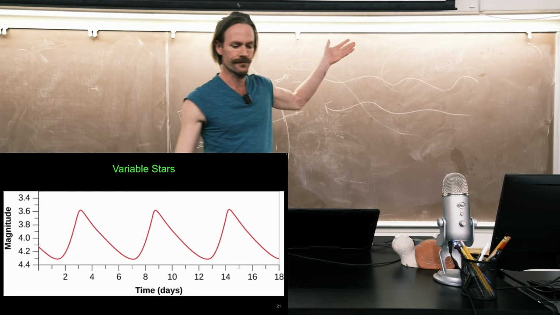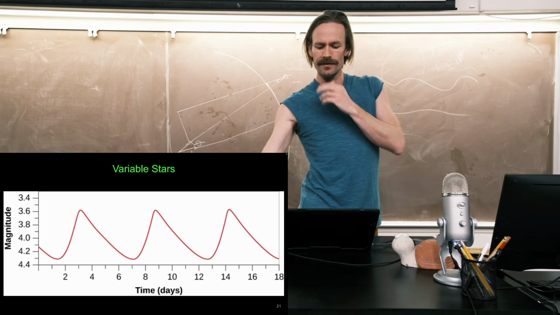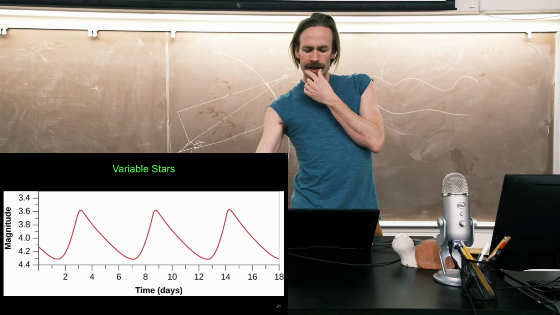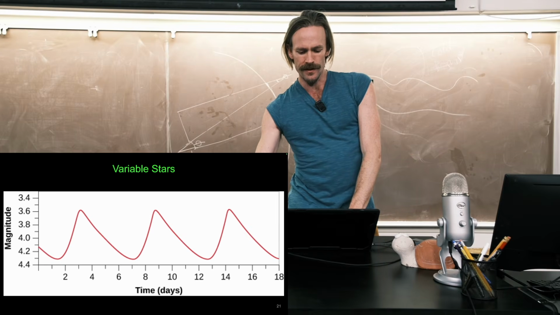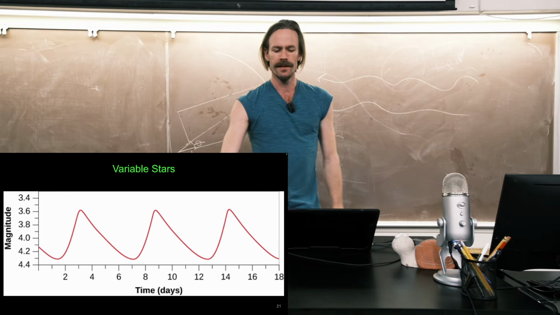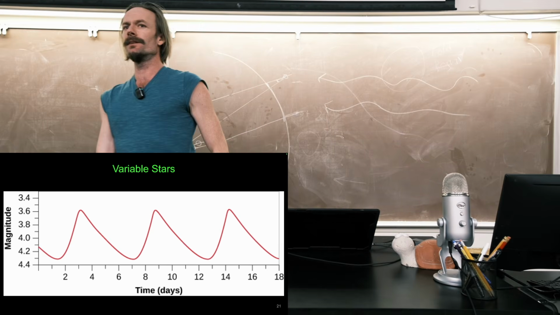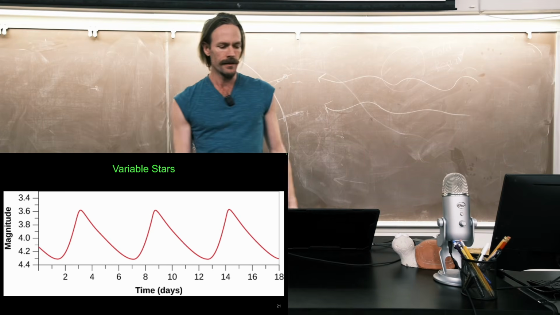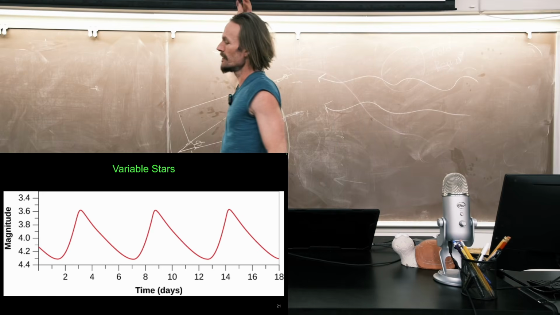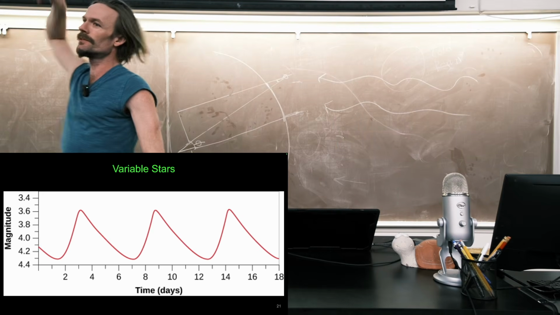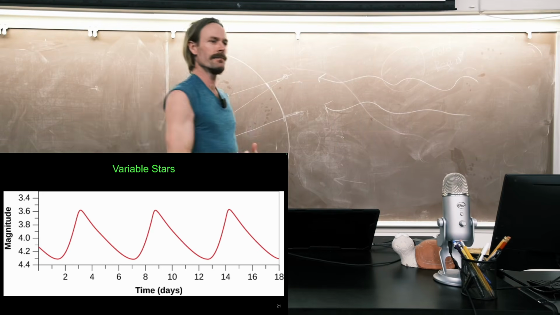But there was one type of star that people really started to focus in on. These were found in the Cepheid cluster, which is a local cluster of stars. There were several of these, and they seem to have a very predictable rhythm to them. They would brighten and dim.